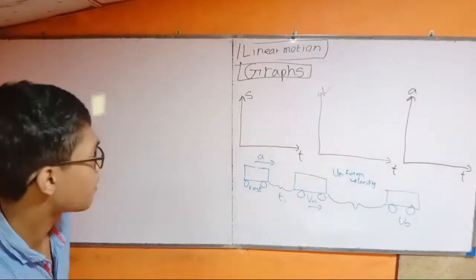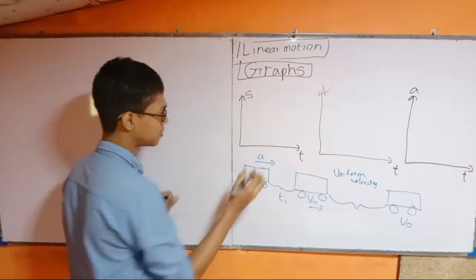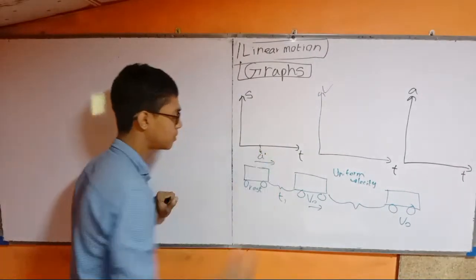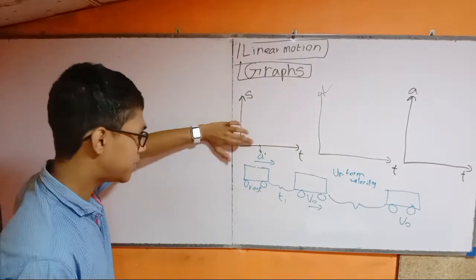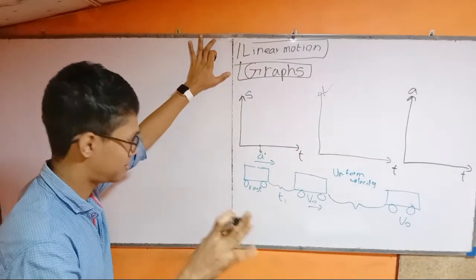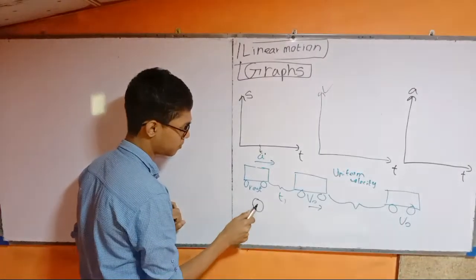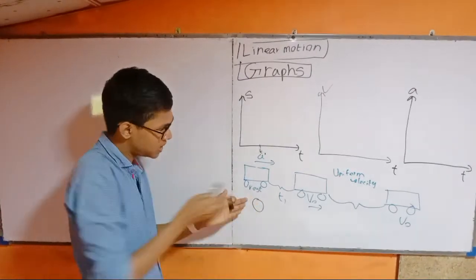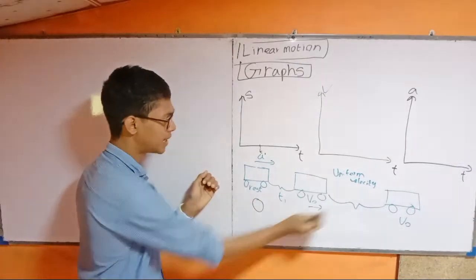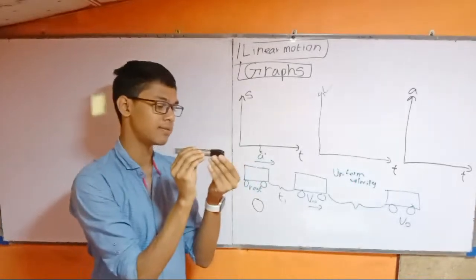So what happens? From here to here the time is t1. Starting from rest, from this position he's moving in one direction. Now accelerating means he's starting to go.